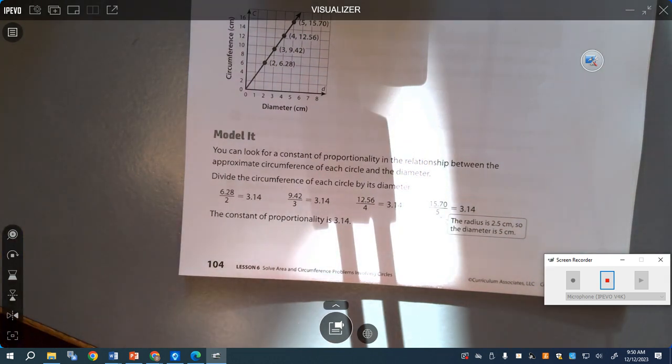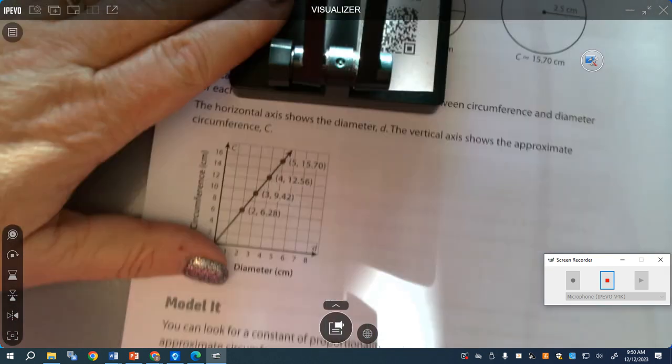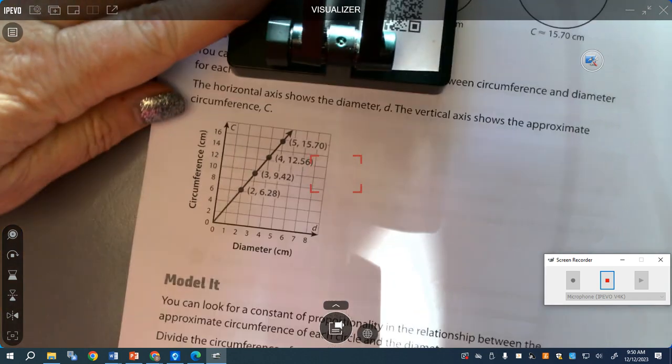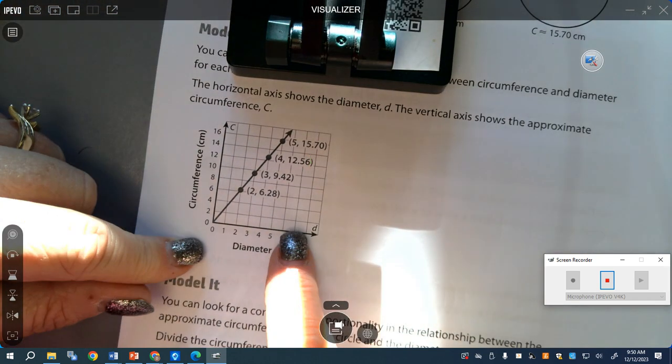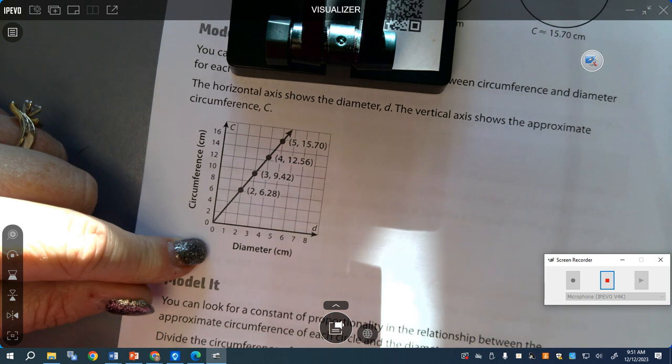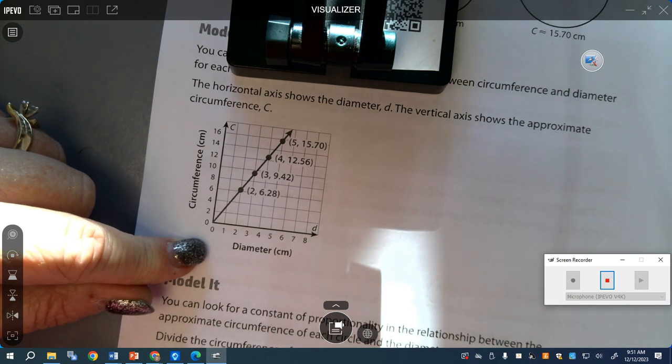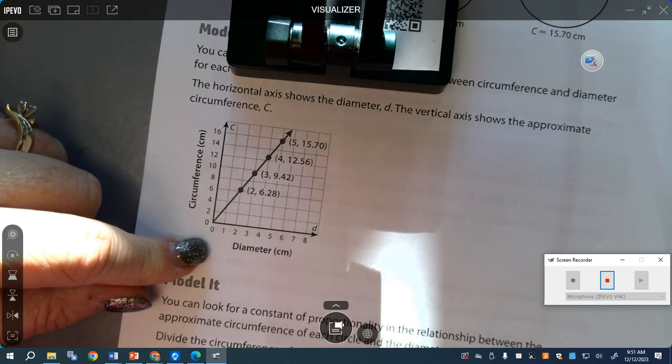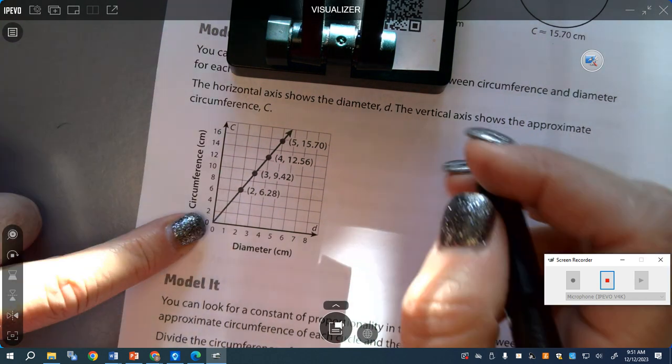Take a look at this graph. Does this graph show a proportional relationship? Yes. Because it is what? Say it out loud. It's a straight line and goes through 0, 0, right? Guess what the constant is?